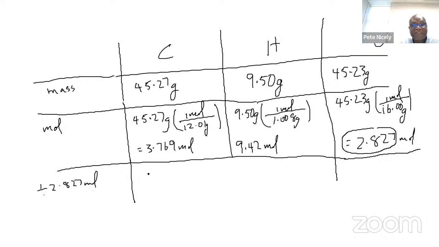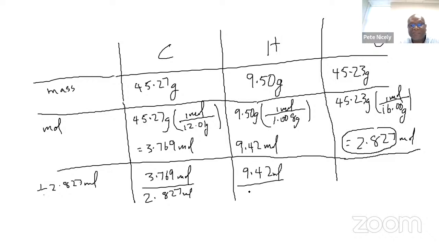In the case of carbon, it's 3.769 moles divided by 2.827 moles. In the case of hydrogen, it's 9.42 moles divided by 2.827 moles. And this divided by itself would give 1, right?